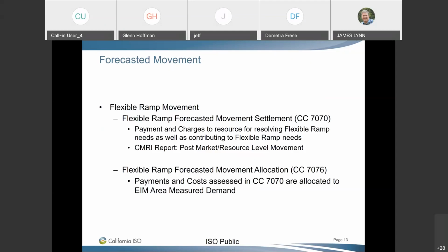If you are in an interval where the net load is going down and your resource is showing the forecasted movement up, you're actually one of the resources that are requiring us to buy more flexible ramp down.